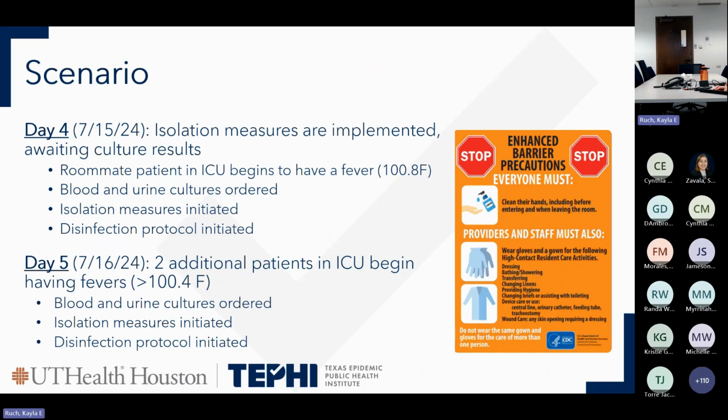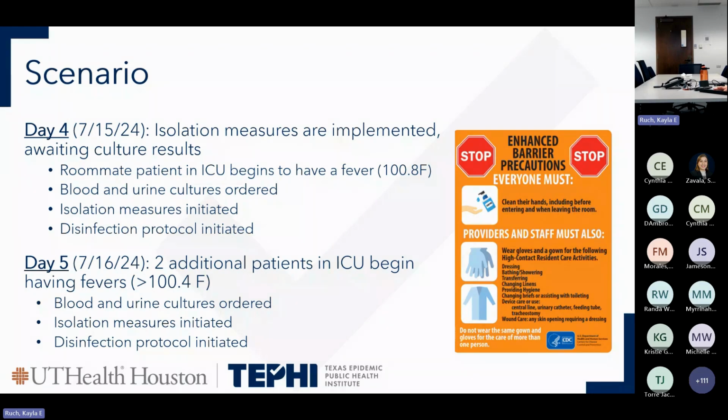So day 4, now that we are concerned, after the nurse calls us and says, I'm concerned, they come from a C. auris facility, they now have a fever, we have blood cultures, but I haven't had results. Our first step is to initiate infection prevention and control isolation measures while we await the cultures.